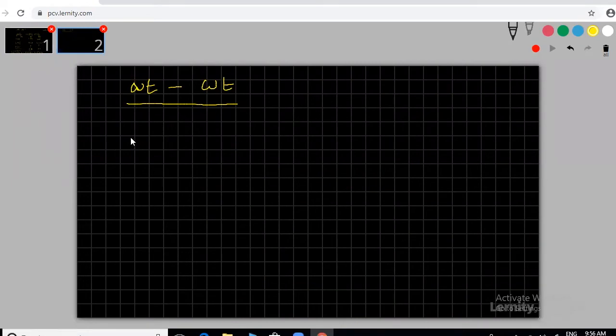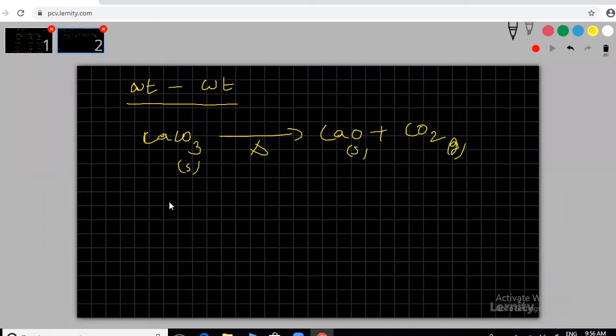Now we are going to write. Take CaCO3 heating gives CaO plus CO2. This is gas, this is solid. Clear?